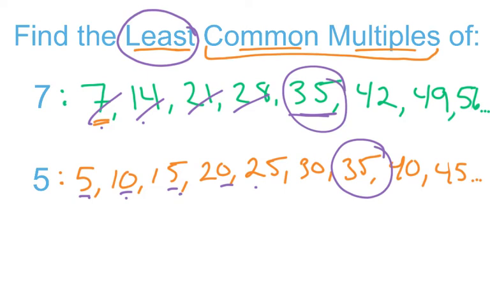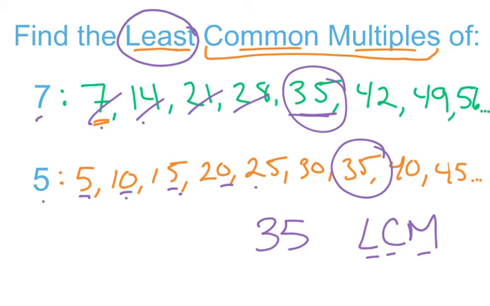Both 7 and 5 have 35 as a common multiple, and it is the smallest multiple that they have in common. So if someone says, find the least common multiple of 7 and 5, your answer is 35. 35 is the least common multiple. You might sometimes see it written as LCM, least common multiple of 7 and 5.